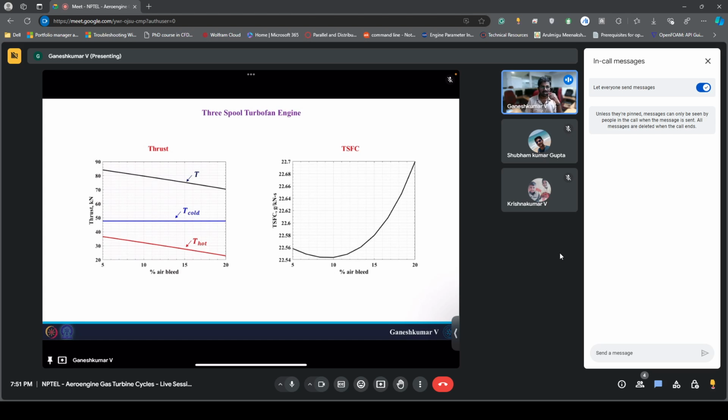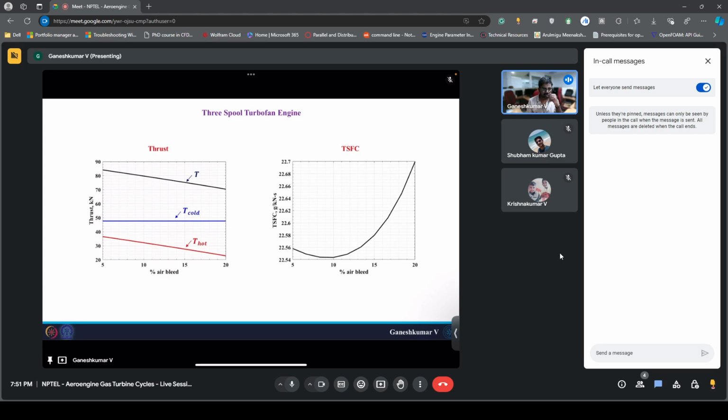Okay. Which is because, with increase in air bleed, your fuel consumption will continuously decrease, because you no longer need to add as much fuel to heat the flow to 1800 Kelvin, right? If your mass flow rate itself is lower, you need to add only less fuel to heat that.